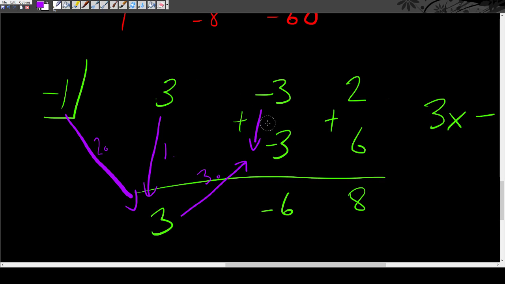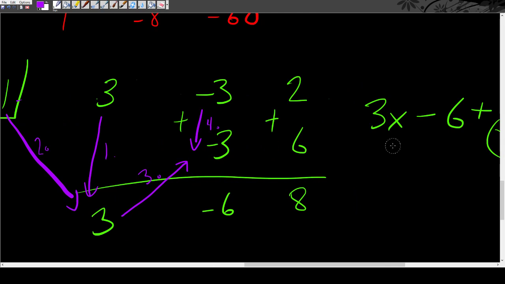Add, step 4. And then multiply again, step 5. Add, step 6. And then shift over to the right, step 7. A 7-step program.